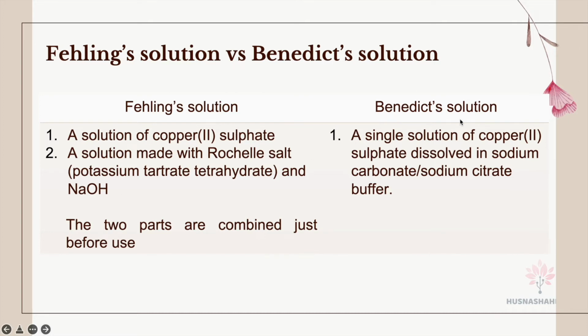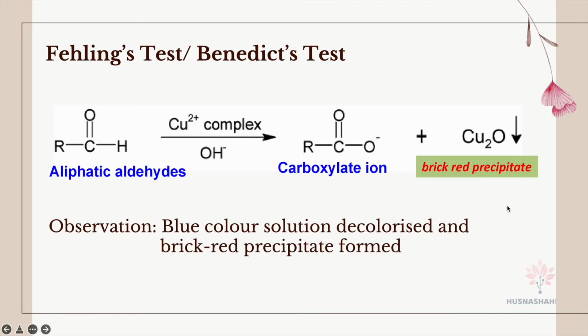If you want to make Benedict's solution, we are still using copper(II) sulfate in both Fehling's and Benedict's, but in Benedict's we react it with sodium carbonate or sodium citrate buffer. This is basic as well. Both are copper(II) complex.